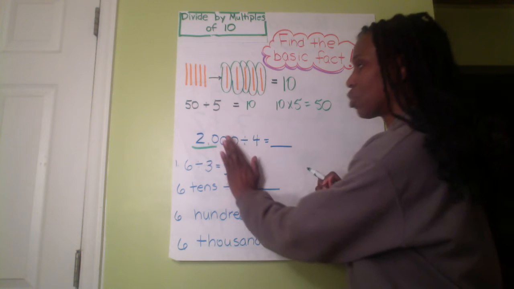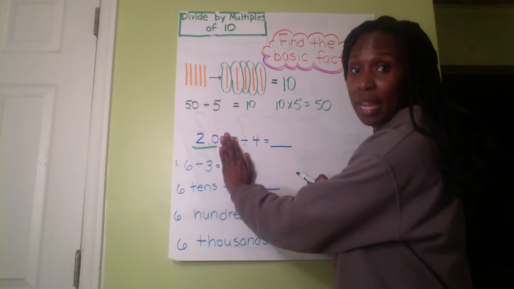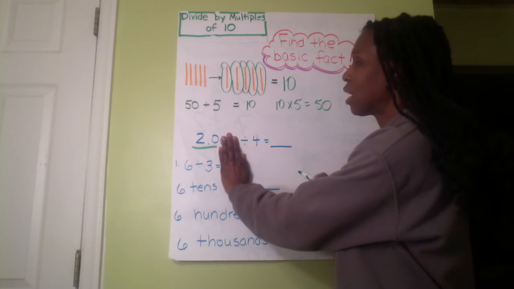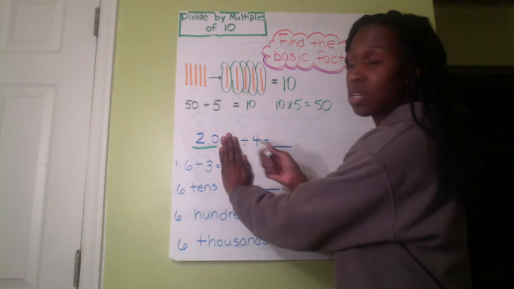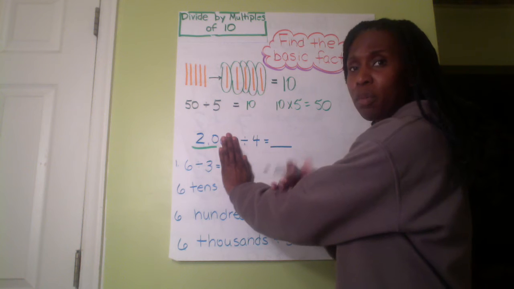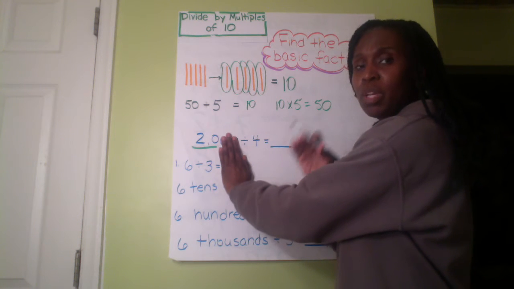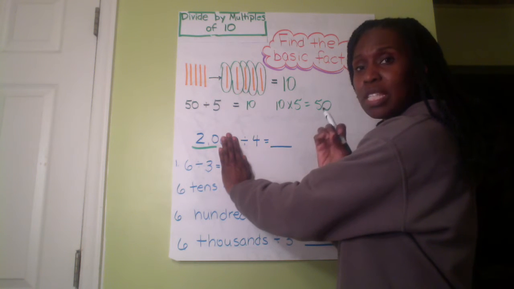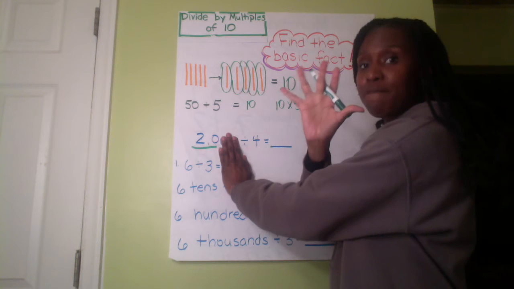I want you to ignore these two zeros for right now, okay? And when you do that, do you see the basic fact? 20 divided by 4. We know what 20 divided by 4 is because we're multiplication masters. 20 divided by 4 is equal to 5.